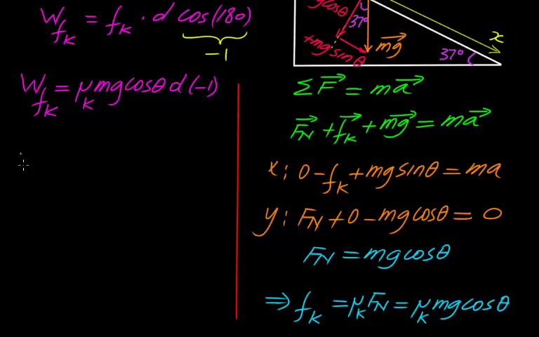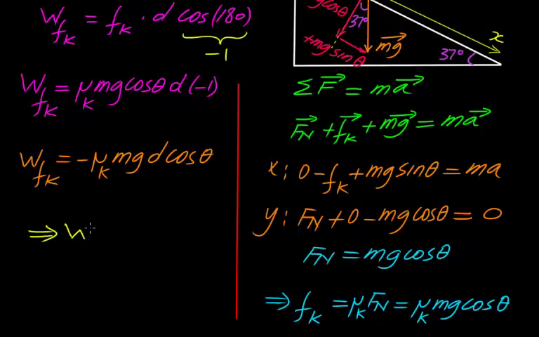Rearranging this equation, we obtain the work done by the friction force to equal negative mu k mg d cosine the angle theta, which is the angle of the incline. Solving for the work done by the friction force, we obtain negative 125 joules.